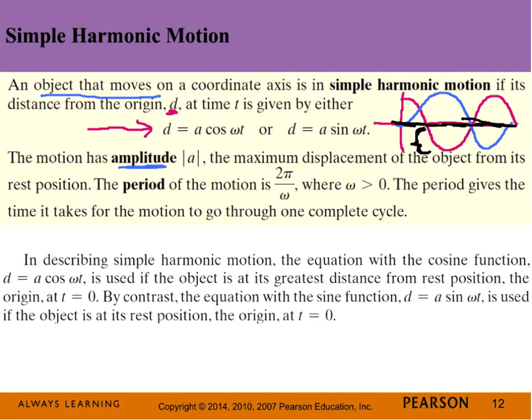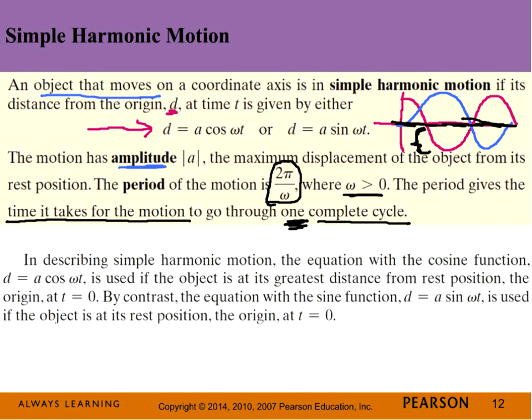Okay, and the period of the motion is given by this little formula here, where omega has got to be greater than 0 because you can't divide by 0, and we don't want negative values. The period is how we describe the time it takes for the motion to go through one complete cycle.